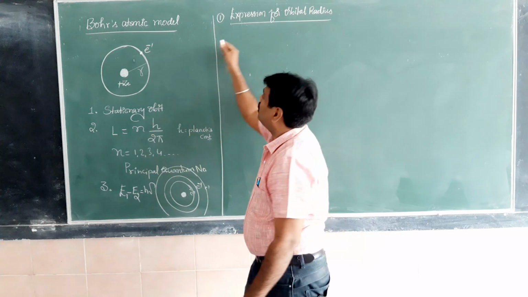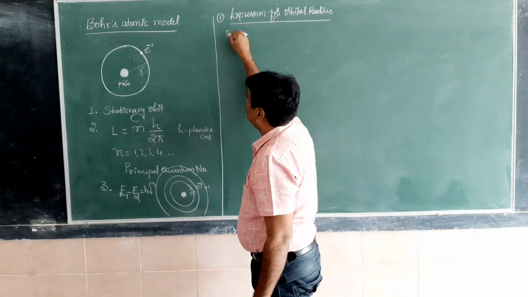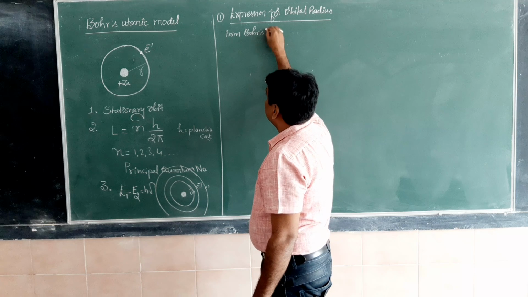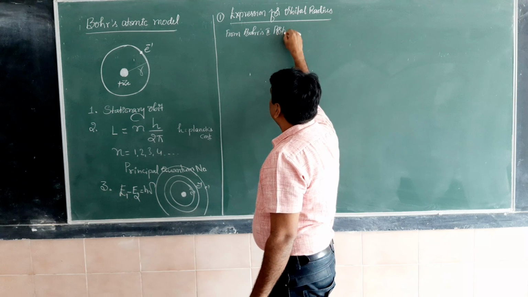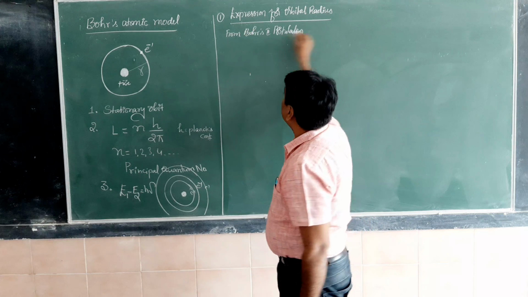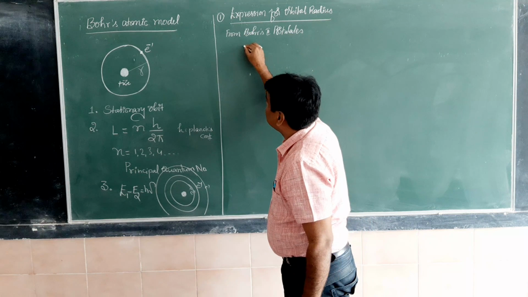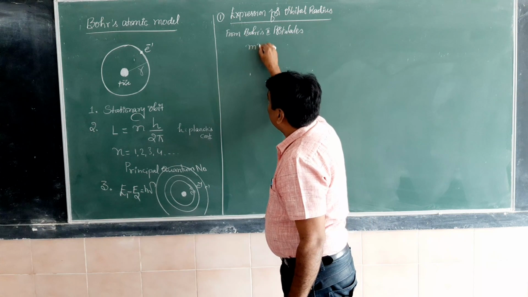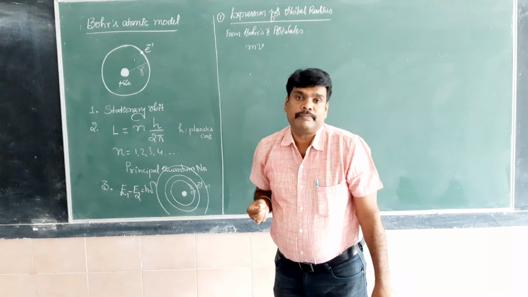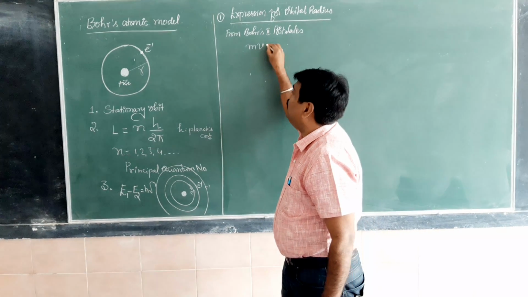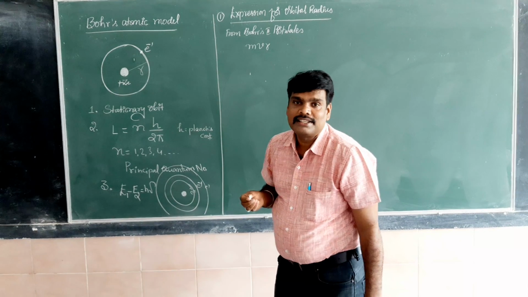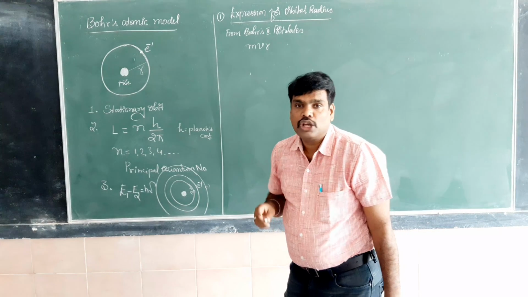So what is the formula for angular momentum from Bohr's second postulate? mv, mass into velocity, is linear momentum. If you multiply linear momentum mv with the radius r, it converts into angular momentum.